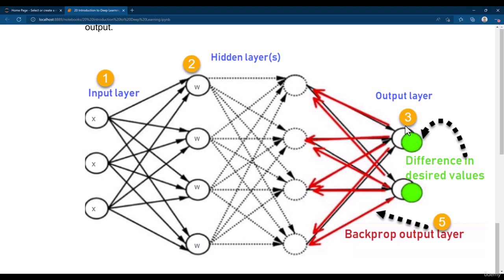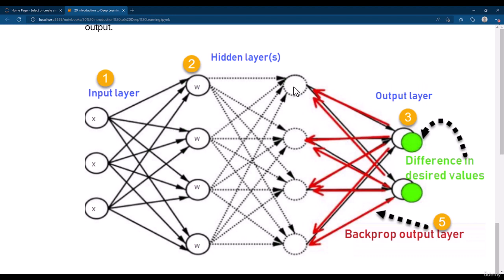So what happens here is that whatever the output is, it is compared with the true output during training. When there is a difference, it sends a signal to the previous layer that you need to readjust your weights because the predicted output and the true output are not matching.